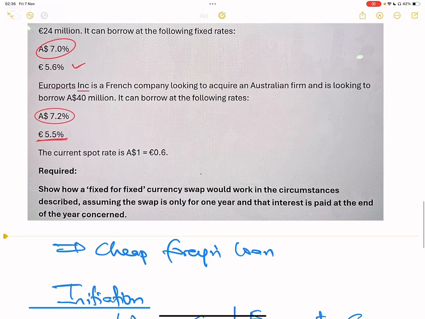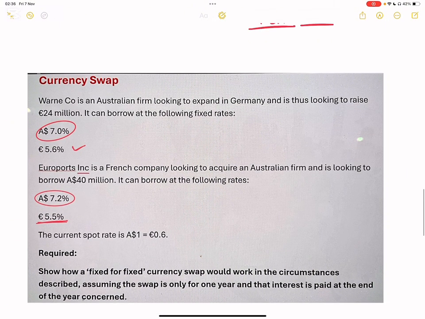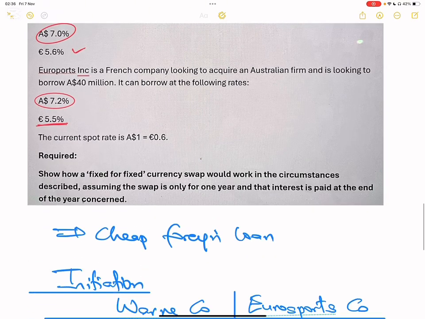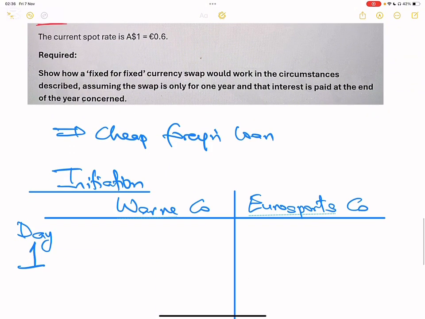Because One Co will have to help Eurospot, and Eurospot will have to help One Co. But what we know is that what One Co needs, this guy needs 24 million euros. Eurospot needs 40 million Australian dollars.